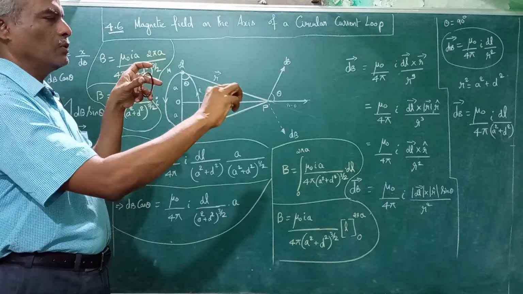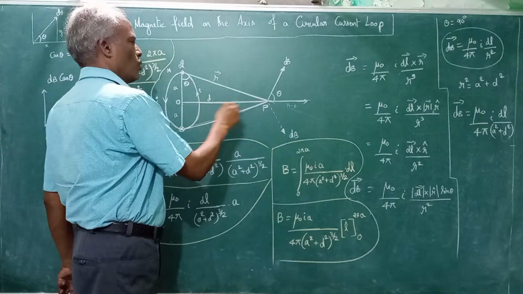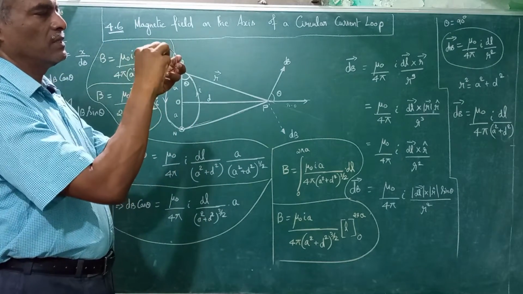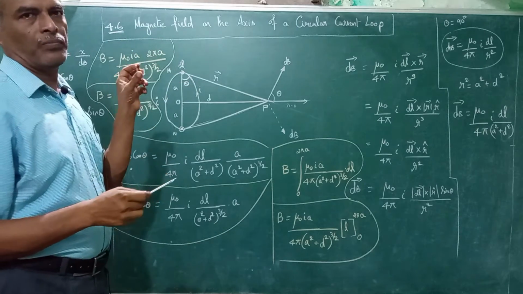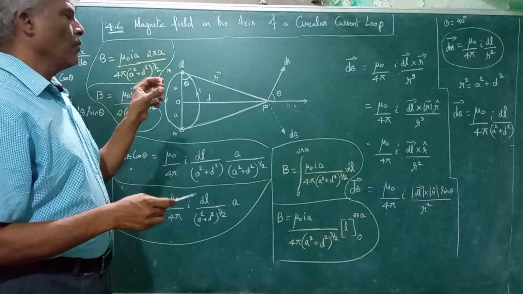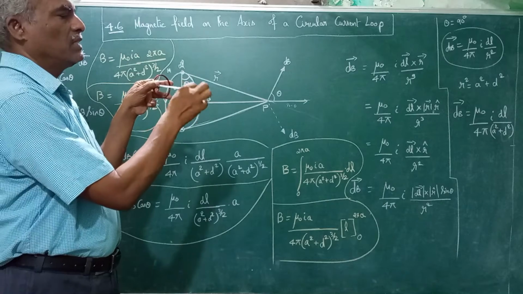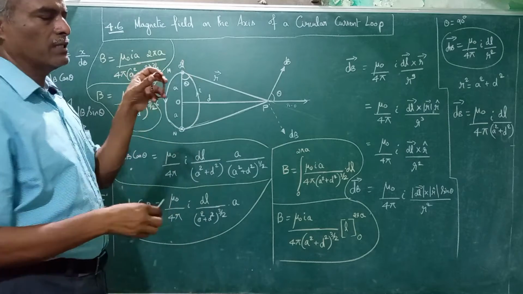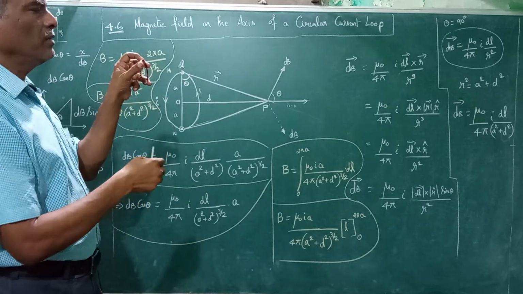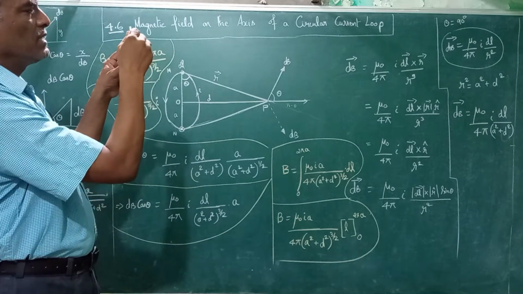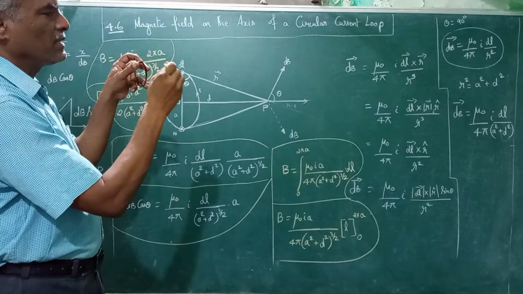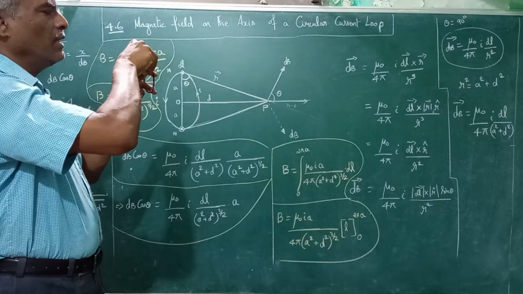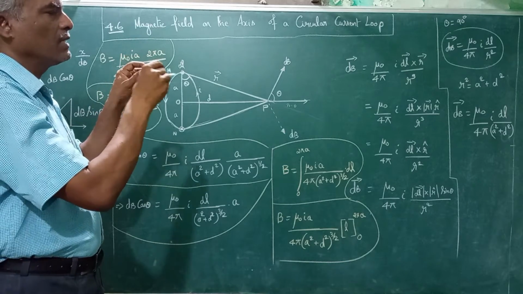And from the center O to P, the distance is d, and the radius of this circle is a. Now we are interested in finding out the flux density at this point. One more thing, we have dl vector at this top point. So dl is like this and r is like this.